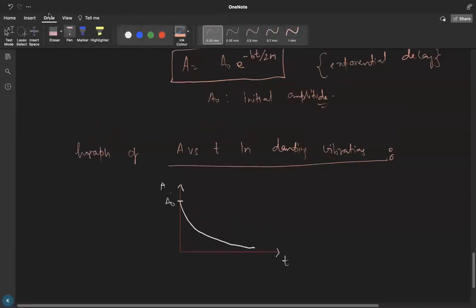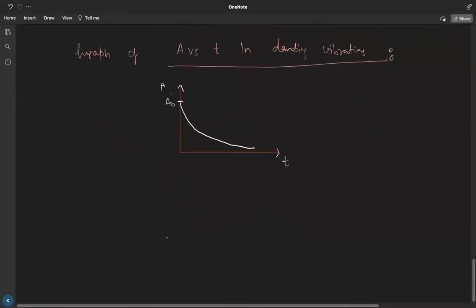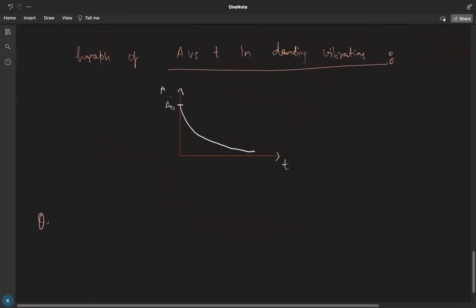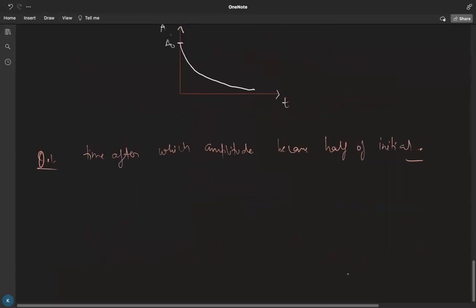Now, let's solve a question based on this. So question number 1. You have to find the time after which the amplitude becomes half of the initial.